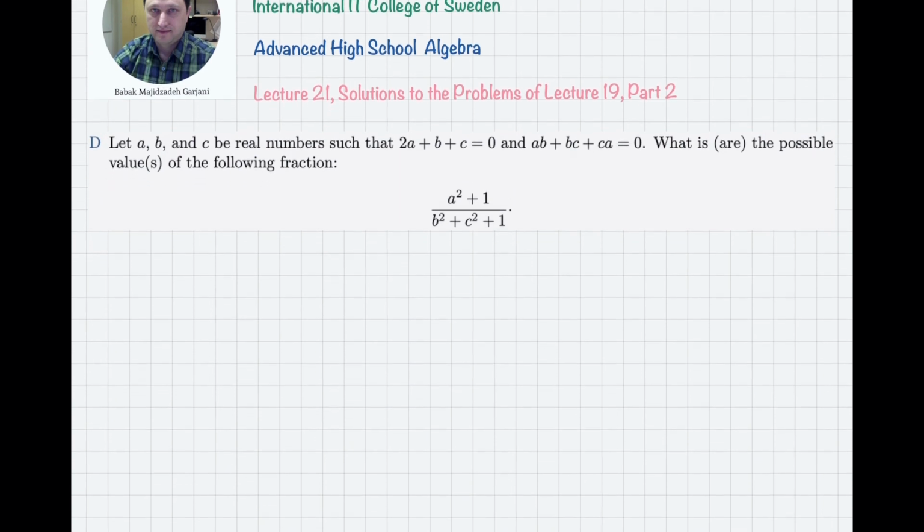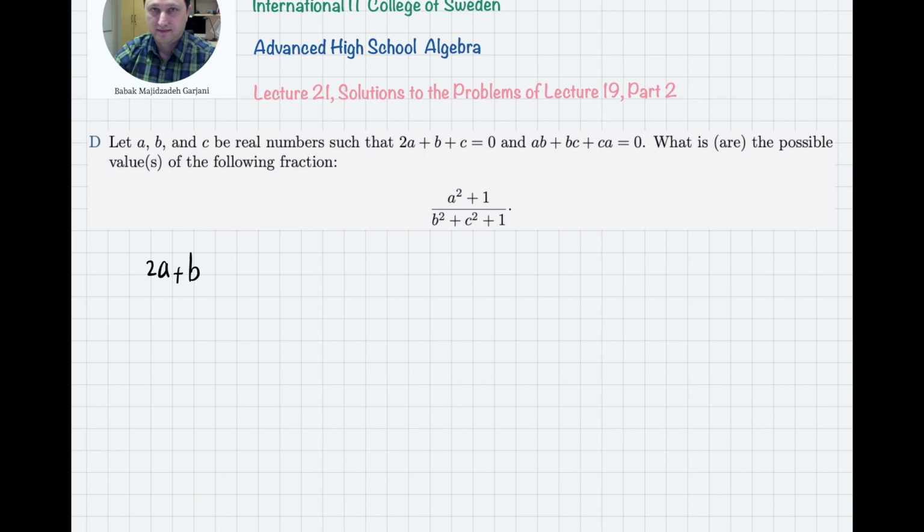You will see. So what I do, I start from 2a plus b plus c equal to 0. I add negative a to both sides. The left hand side becomes a plus b plus c, and the right hand side becomes minus a.